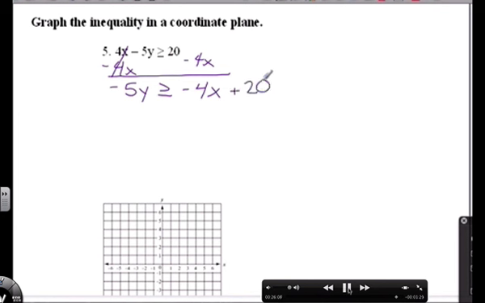I'm dividing by a negative number, so what do I have to do? Switch the sign. And I do that right away so I don't forget to do it. That leaves me with y is less than or equal to 4 over 5x. I have a positive 20 and a negative 5, so that's going to leave me with a -4.